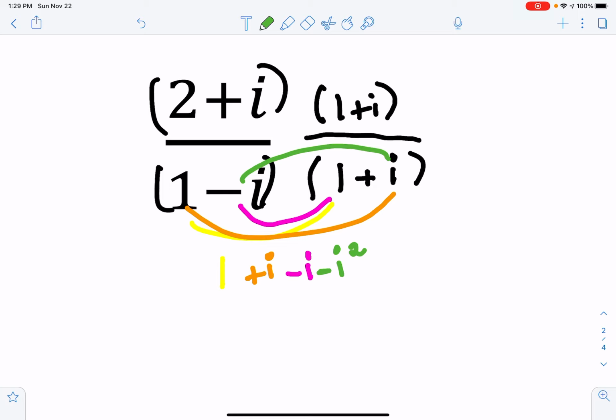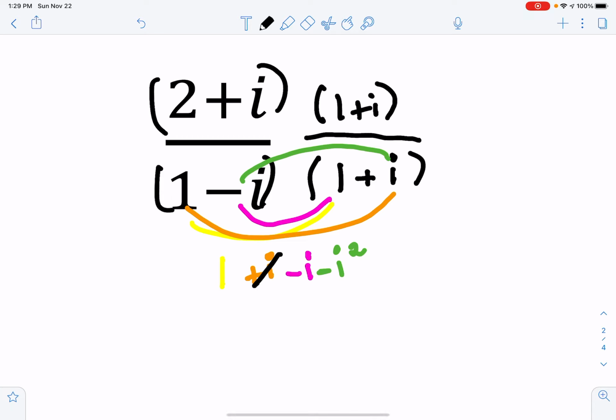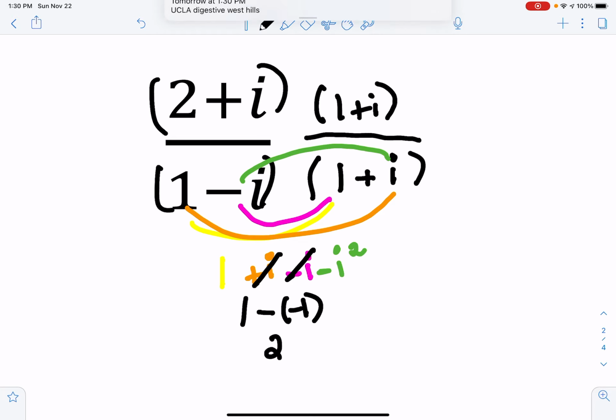When I combine like terms, my i and minus i will cancel each other out, and I'll get 1. This i squared becomes negative 1, so it becomes 1 minus negative 1, which is just 2. And so your denominator in this one has become 2.